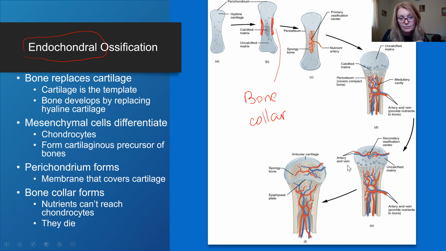So you end up with bony structure in the diaphysis, bony structure in the middle of the epiphysis, and the epiphysis will be surrounded by cartilage, right? The outer cartilage we call articular cartilage, and this inner part of the cartilage, right there, is our epiphyseal plate that will allow your bones to grow longer even after you are born, right?